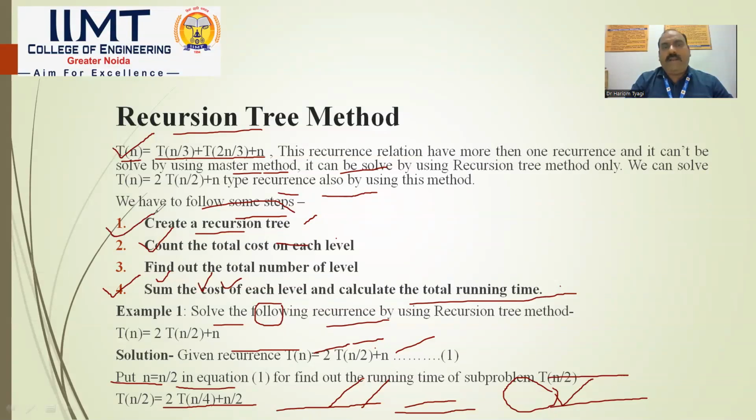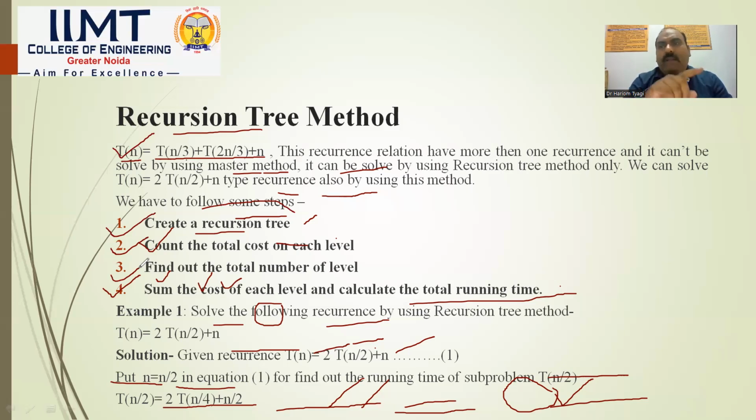Number one, create a recursion tree. After that, count the total cost in each level. You know the structure of the tree. Number three, find out the total number of levels. If the cost of each level is n and the total number of levels of this tree is log n, then the final value is n log n.